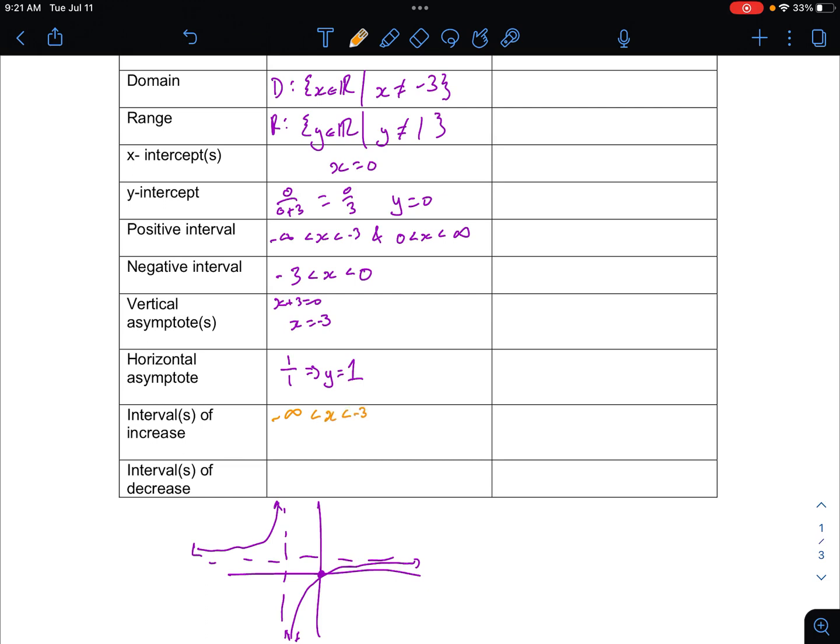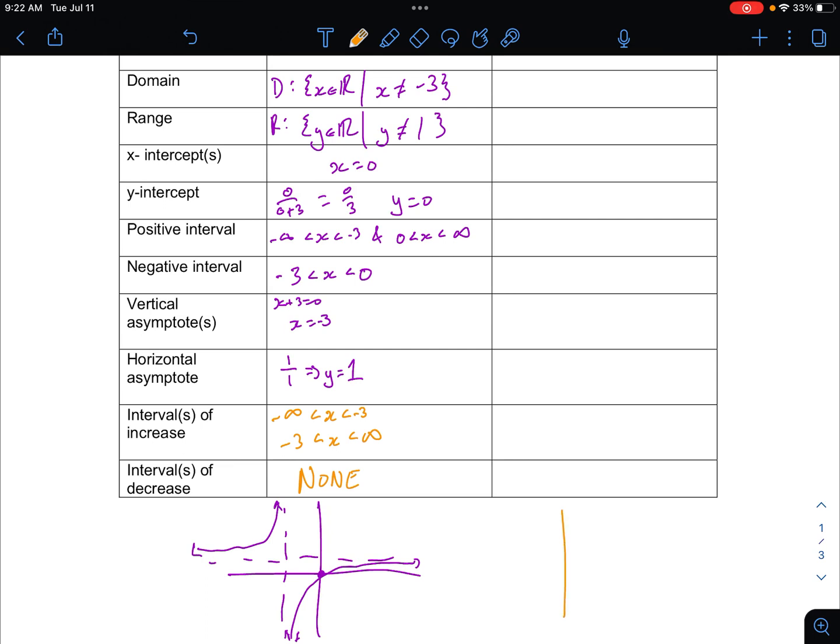So it will go all the way to negative 3, and it actually goes from negative 3 all the way to positive infinity. Now, we can't include negative 3 because that's a point it never ever touches. And then for my intervals of decrease, there are none this time. There are no places that my graph is going downward.